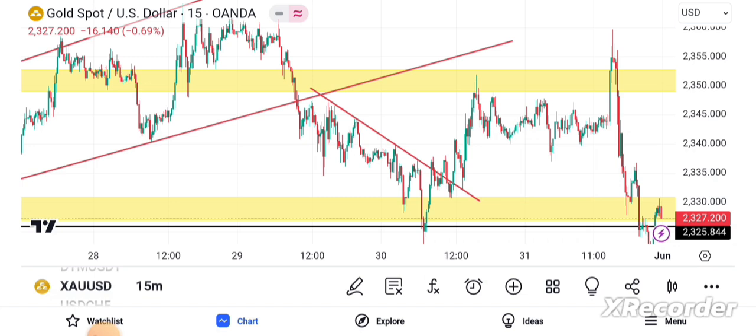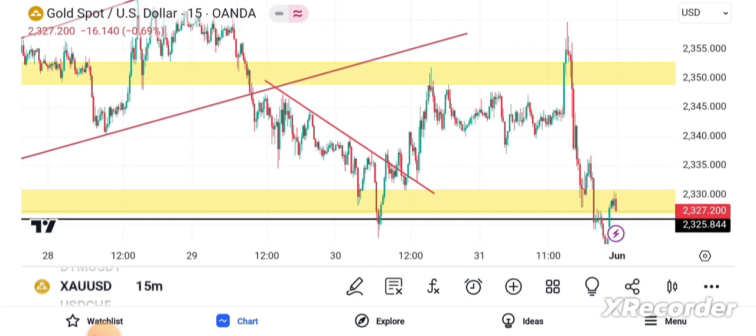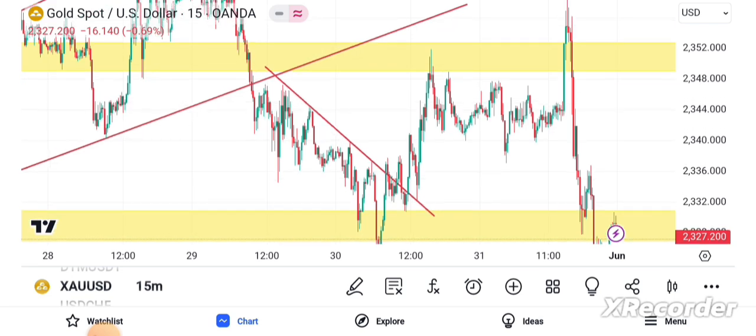So the higher time frame gives us a better perspective. What we use the smaller time frame to do is to refine our entry, to see a better entry position, to see how we can enter the market as a sniper.